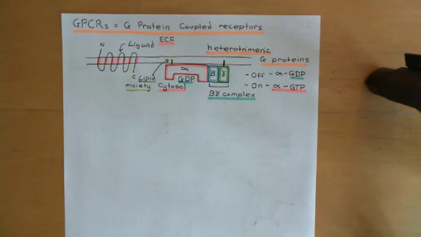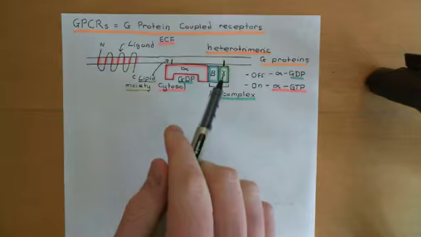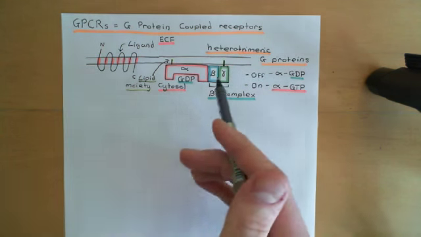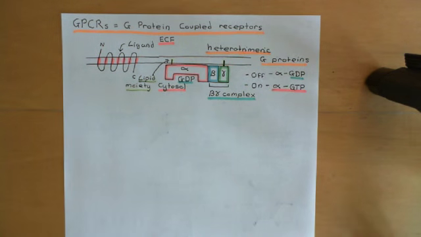And indeed, the alpha subunit and the gamma subunit are attached to the underside of the bilayer by lipid moieties. Now the beta subunit doesn't have a lipid moiety of its own. Instead, the beta subunit is attached to the gamma subunit and thereby remains attached to the underside of the phospholipid bilayer, since the gamma subunit is attached to it.